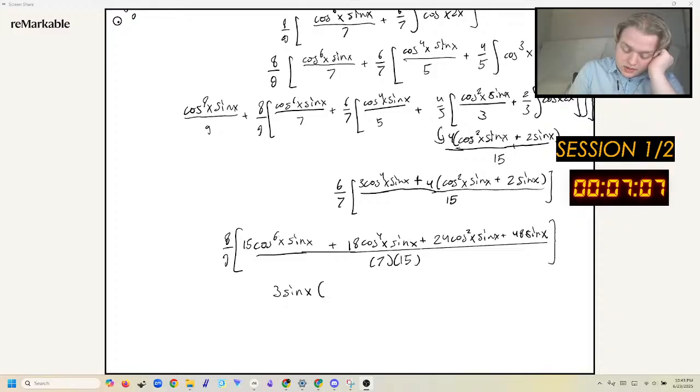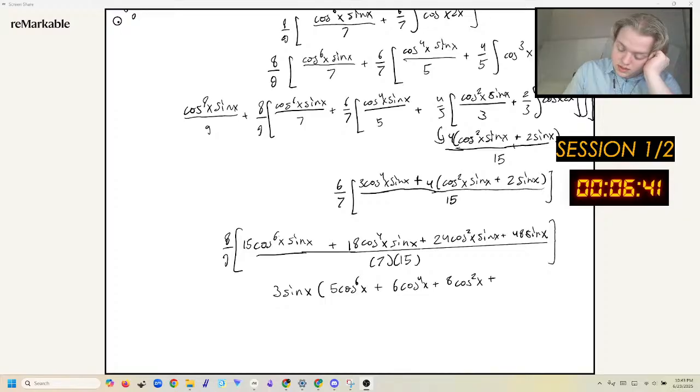It's 3 sine x times 5 cosine 6x plus 6 cosine 4th x plus 8 cosine squared x plus, it's 30 plus 18, 5, 11, it looks like. No, couldn't be.